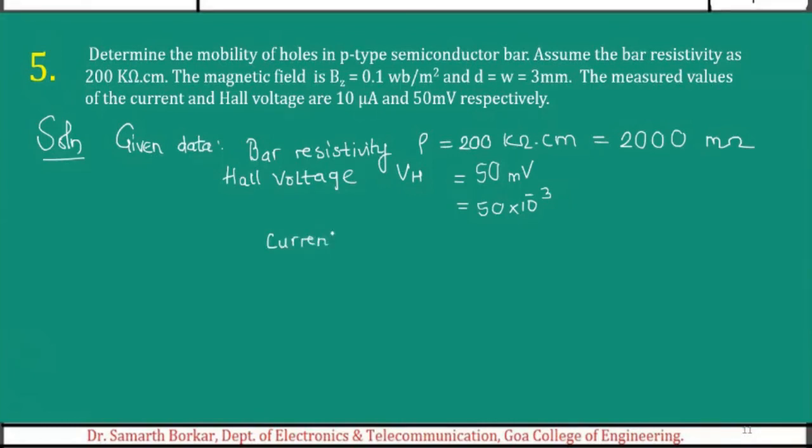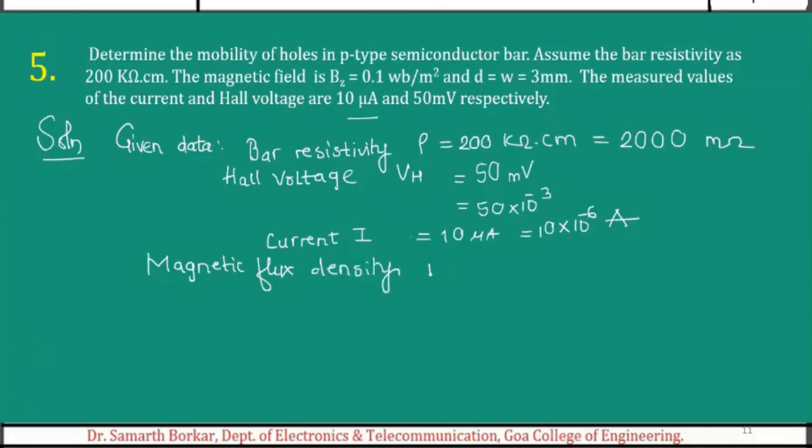Then the current I is 10 microamperes here. So it is 10 into 10 to the power minus 6 amperes. The magnetic flux density B subscript z in the z direction is 0.1 Weber per meter square.